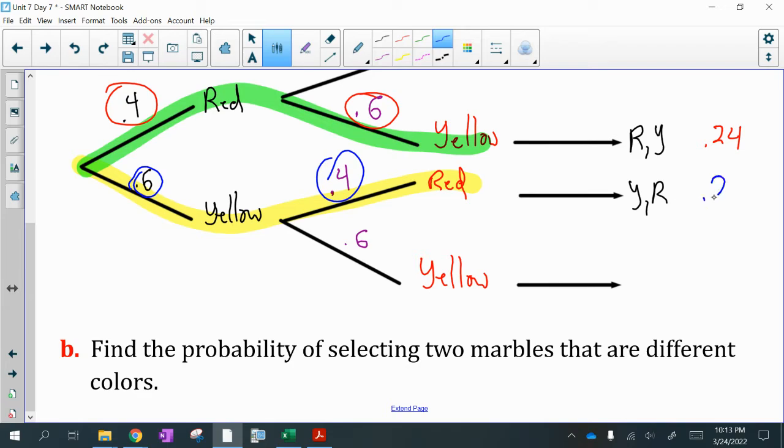Once again, I end up with a probability of 0.24. So the probability of selecting the two marbles that are of different colors, well, I'm going to add them up because I have to add these two percentages together, which is going to get me 0.48 or a 48% chance of that happening. Okay, so far so good.